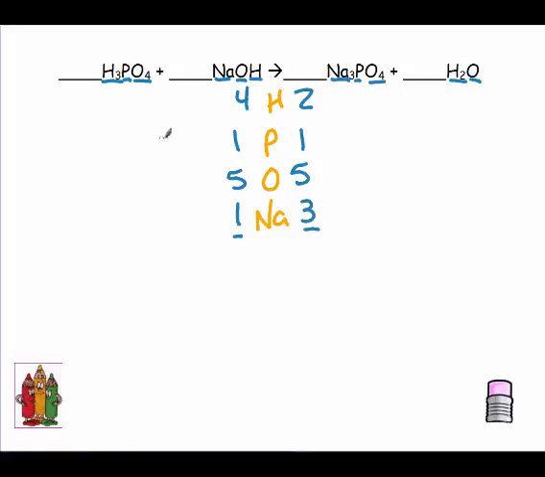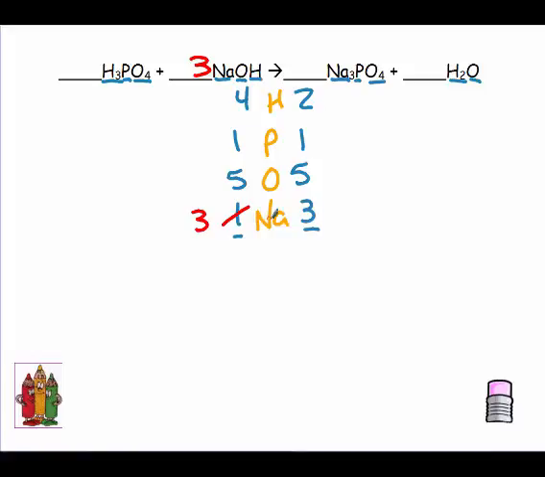So looking at my balanced equation, I need to put a 3 here, so that way I can have 3 sodium. Notice I change it in the balanced equation first, and then I change it down here so I don't forget. Sometimes people try to change it on their work, and then they forget to even put the number in the equation, which was the whole point.